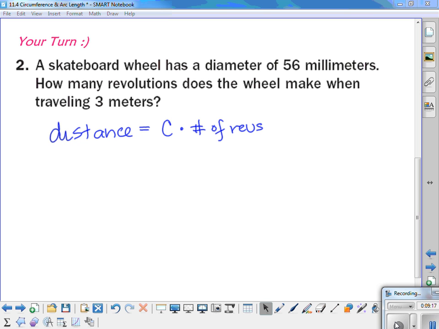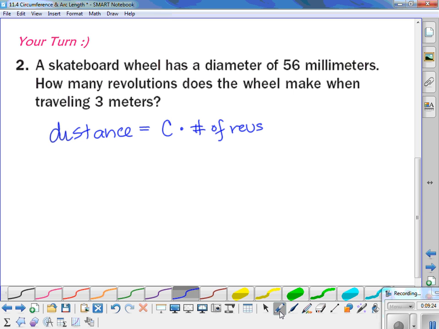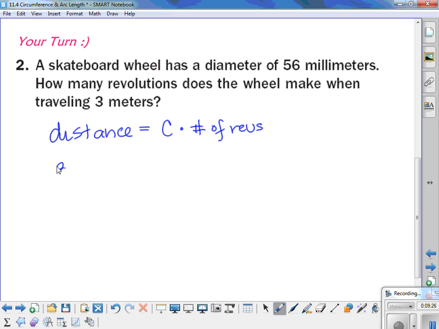So if it travels 3 meters, let's convert that to millimeters. How far did it travel in millimeters? It went 3,000 millimeters. And that's going to equal the circumference, which is going to be 56 pi, because the diameter is 56, times however many revolutions it takes.